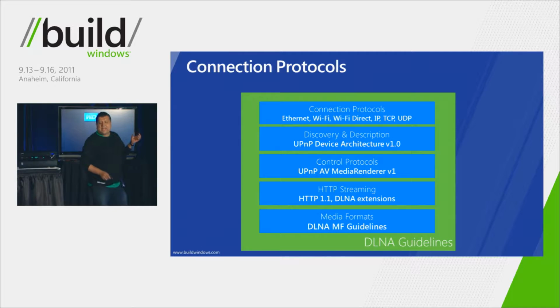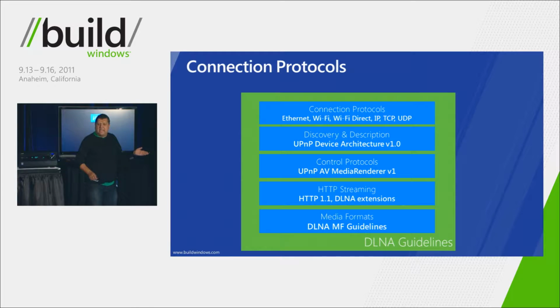And there are some extensions, some extra headers that DLNA has added in order to enable trick modes in the streaming protocol. So in order to implement the streaming layer, we need to read the HTTP 1.1 specifications, and we need to know about the DLNA extensions to HTTP 1.1.